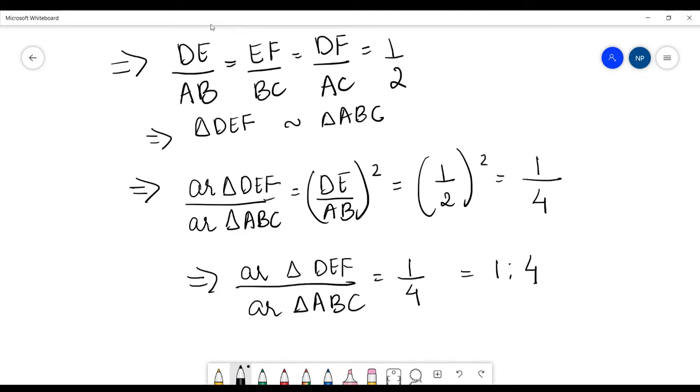Now, when the two triangles are similar, we had to find the ratio. It is equal to the square of the ratio of the corresponding sides. Take any corresponding side. We have the ratio 1 upon 2. The square of it gives you the ratio of the areas as well. So this completes your question.